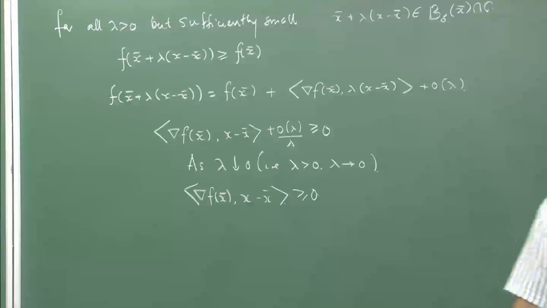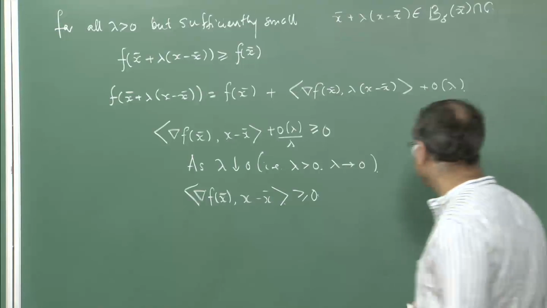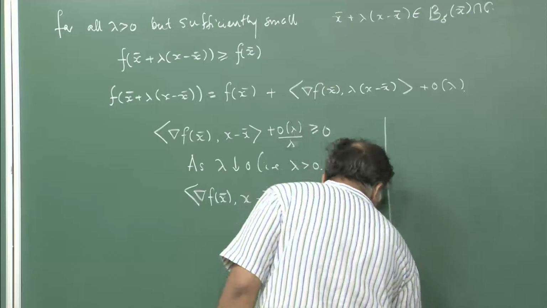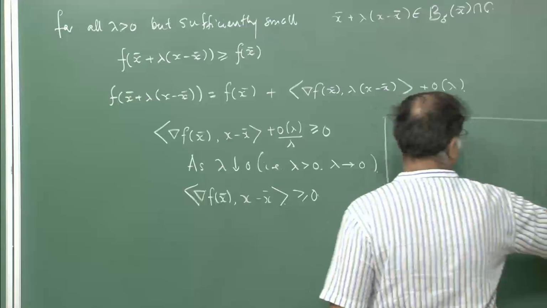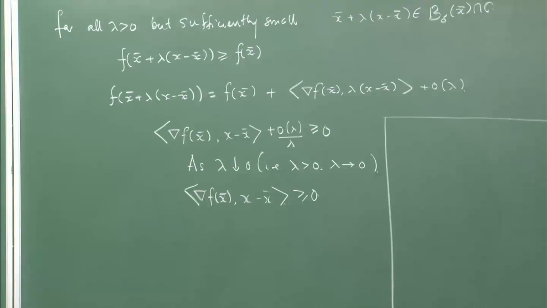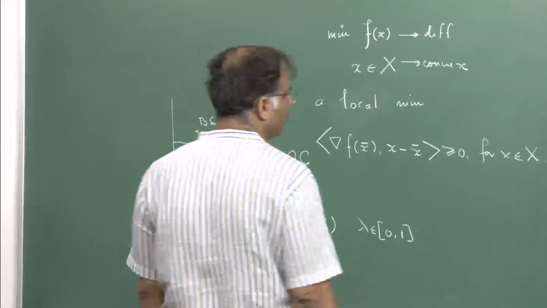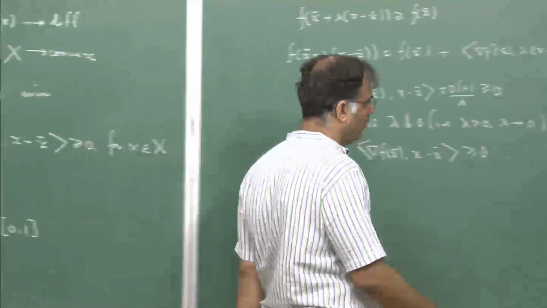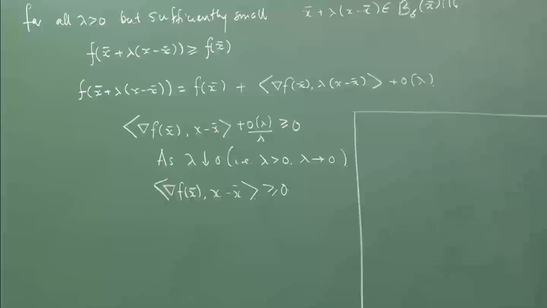Now, it is also important to understand what would happen. I asked you a question: what would happen if f is not differentiable? Then what sort of optimality condition do you write? When f is not differentiable, taking away convexity would only complicate matters, and that is beyond the scope of this syllabus.